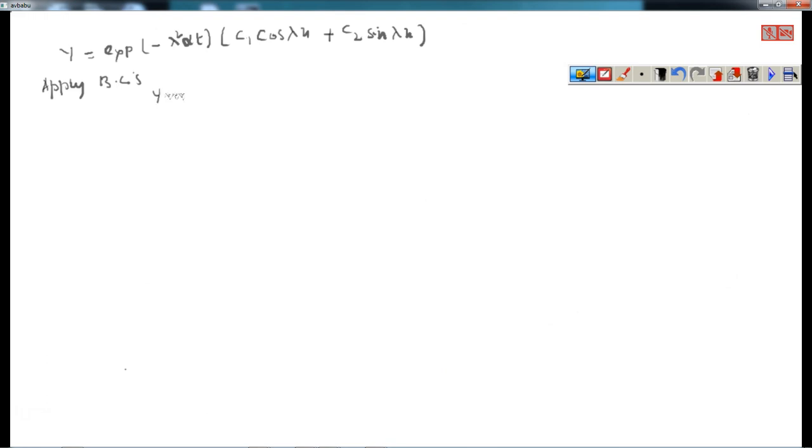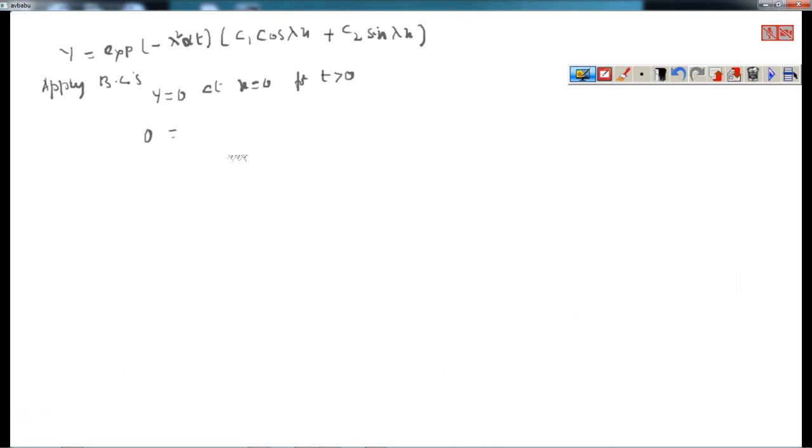That is, y is equal to 0 at x is equal to 0 for time greater than 0. If I apply this, y is equal to 0, the exponent term is nonzero, cos 0 is 1 and sin 0 is 0.